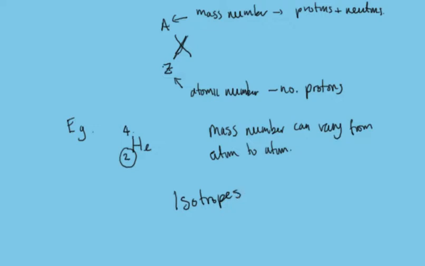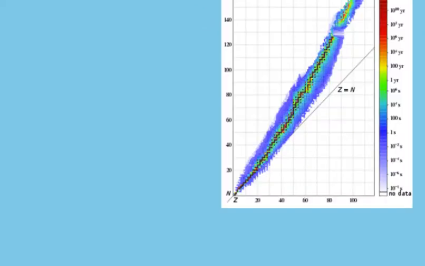If we look at the following, this shows us the number of protons down here, and this is the number of neutrons.